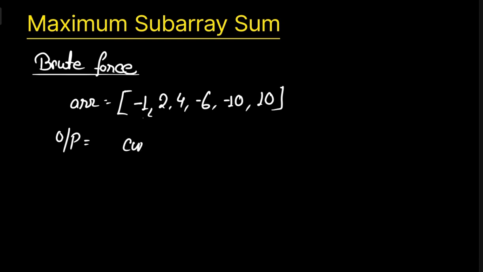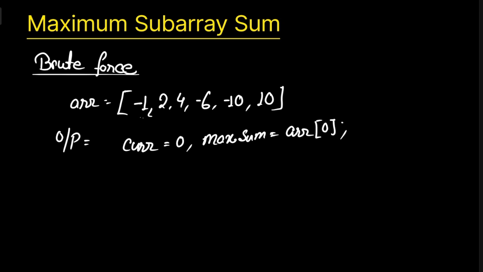First, we will take the current sum, which is 0, and another will be max sum, in which we will first take the 0th index value.